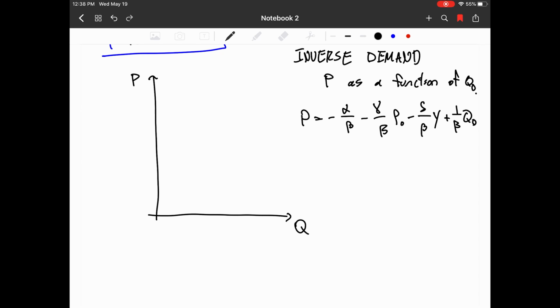So we often care about shifts in demand. So one thing it's convenient to do is define the intercept as its own function, which depends on the price of the other goods and income. That definition is just everything that's not quantity demanded in this inverse demand function.